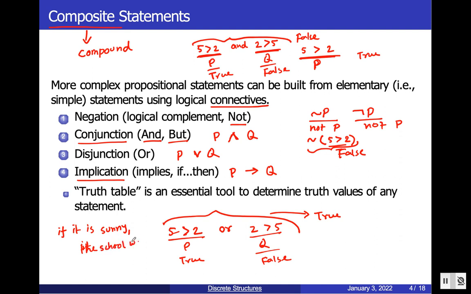If it is sunny, the school opens. Say P is the statement that it is sunny, and the school opens is another statement, Q. So if it is sunny, then Q will be true. If P is true, then Q will be true.